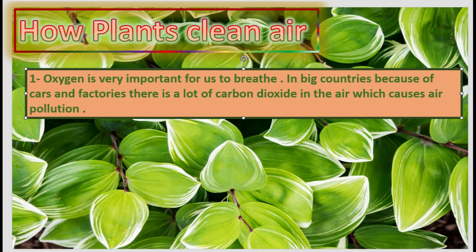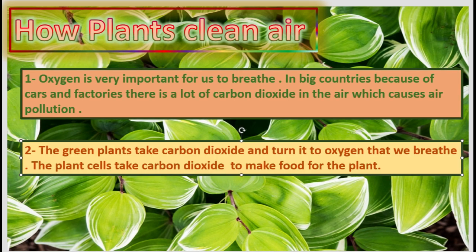So, number 2, the green plants take carbon dioxide and turn it to oxygen that we breathe. The plant cells take carbon dioxide to make food for the plant. That's right.